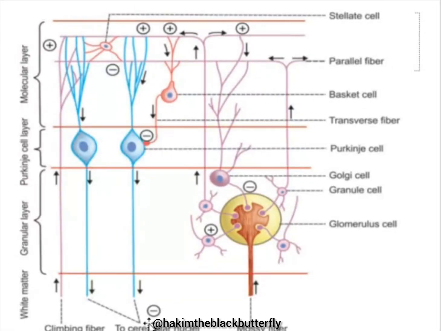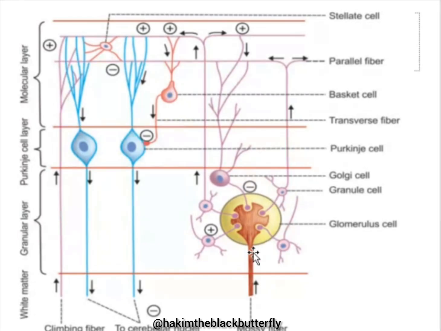Afferent information, that is information entering into the cerebellum, is transmitted through 2 types of neurons. These are known as climbing fibers and Morse fibers.